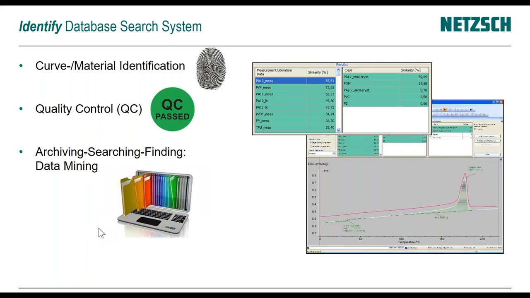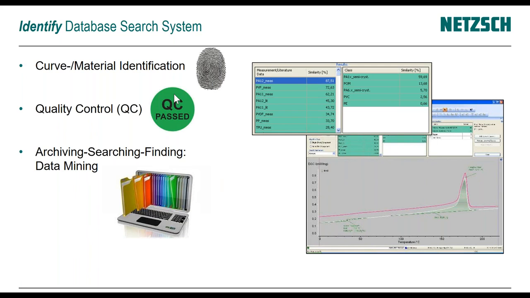And the other thing we used in this study was our Identify database search system that can be used for material identification. You see some screenshots, and I'll talk more about that in a second. We have implemented a quality control system that tells you good agreement, passed.